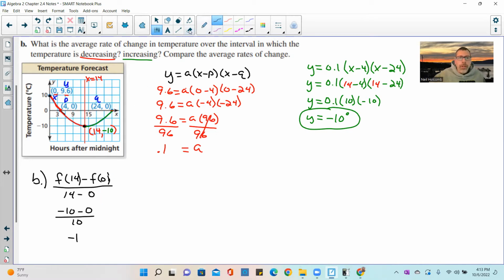So when I do that, let me just erase all this. f of 14 is negative 10 minus f of 0, which is 10, over 14 minus 0. Negative 10 minus 10 is negative 20 over 14, and that reduces to negative 10 over 7. Which as a decimal approximate is negative 1.4.